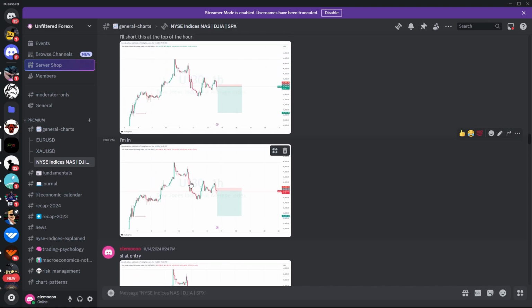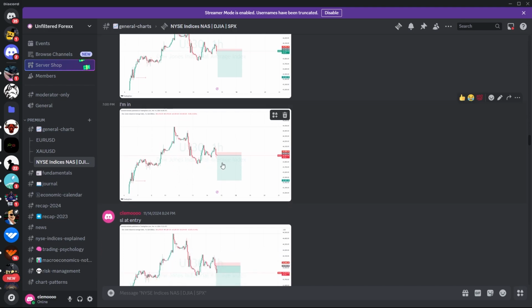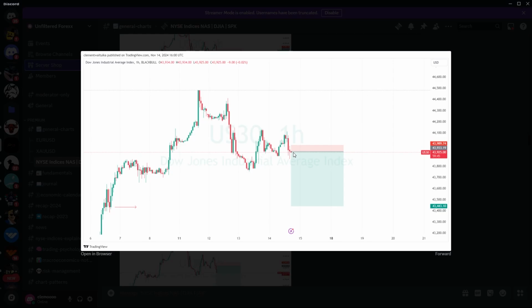You can see from this text message alone, you get the date and the time and even the setup itself, and the setup gives you a clear picture of what price was doing at that time of day, right? I'll explain this later when I'm talking about my journal itself.